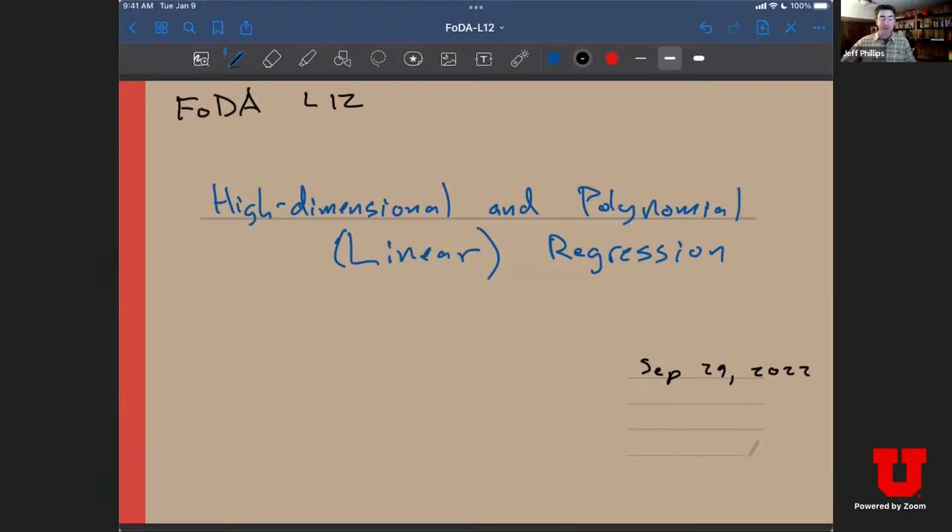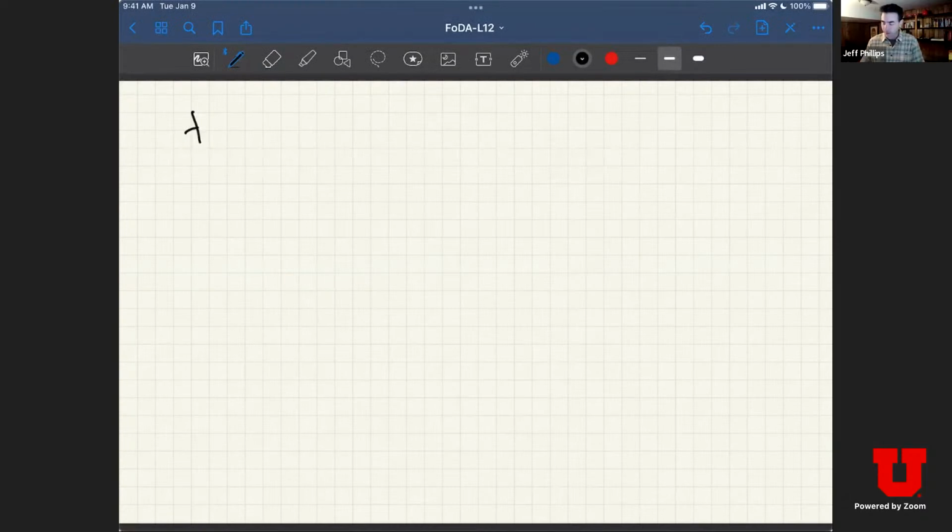Let me do something. This might cause a problem for a second with the screen sharing. See if this will resync. Okay, it's working, but now let me get the screen back. Great.